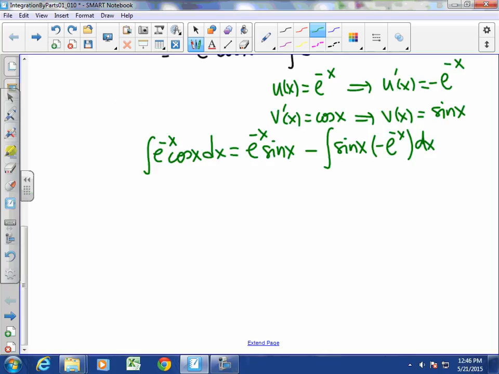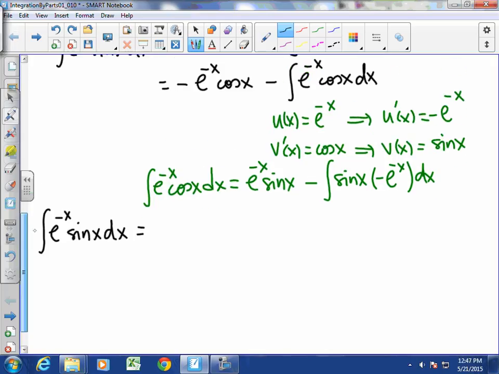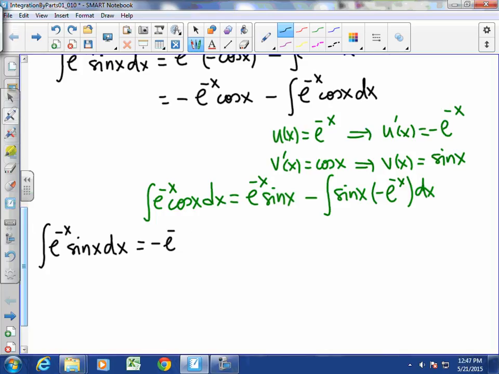Okay, so going back to the given integral of e to the negative x sine x, it is therefore negative e to the negative x cosine x minus, open brackets, e to the negative x sine x minus the integral of, now we can move the negative sign outside, it becomes plus the integral of e to the negative x sine x dx.